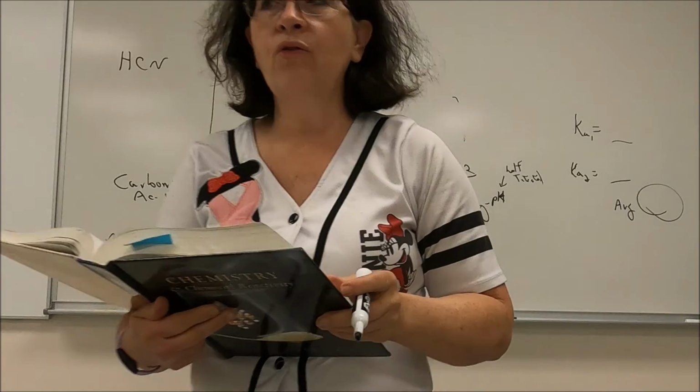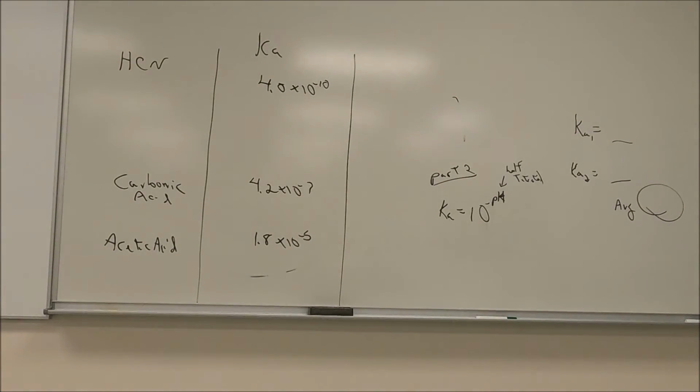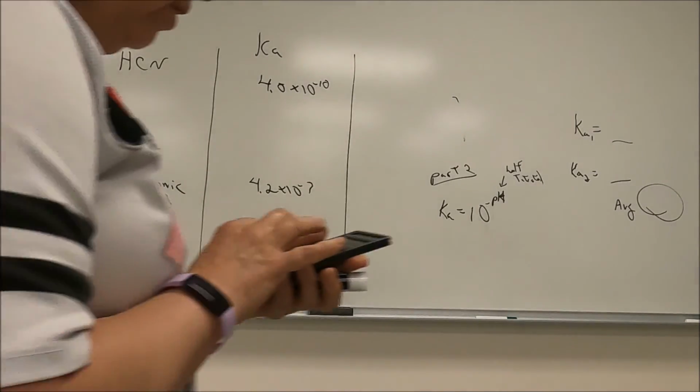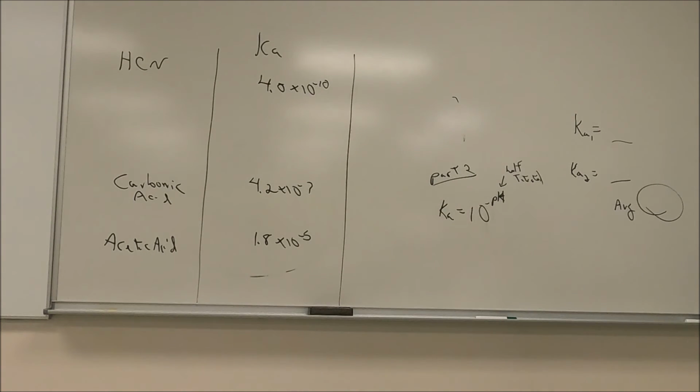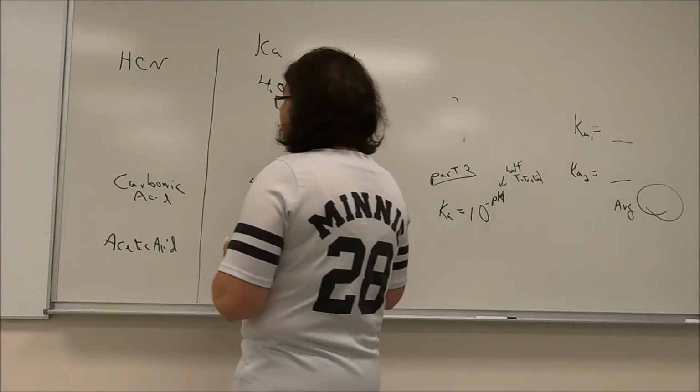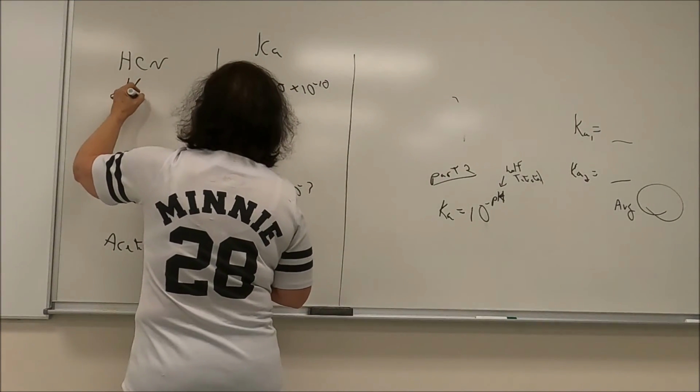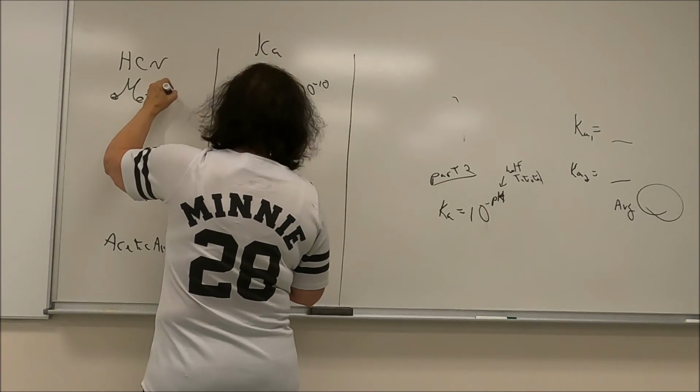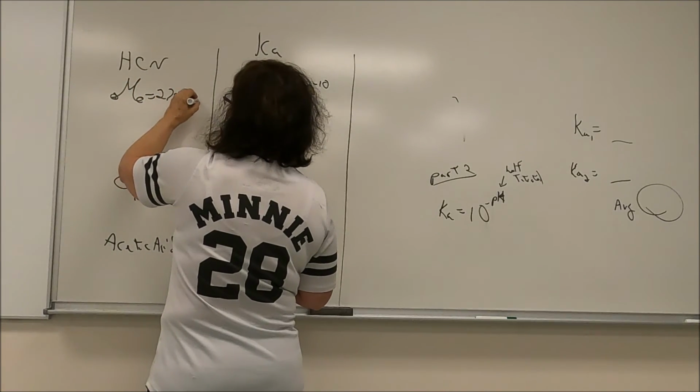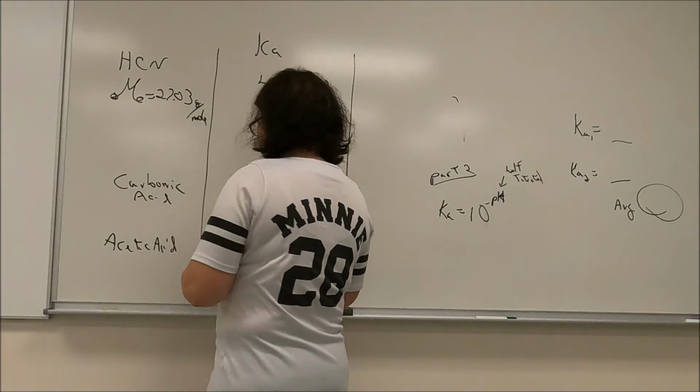Now for each one of those, you're also going to be calculating its molar mass based on the mass of the acid that you weighed out and the molarity of your solution that you got through titration. The molar mass for HCN is 27.03 grams per mole.